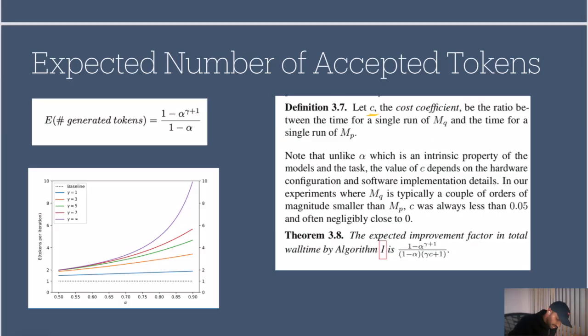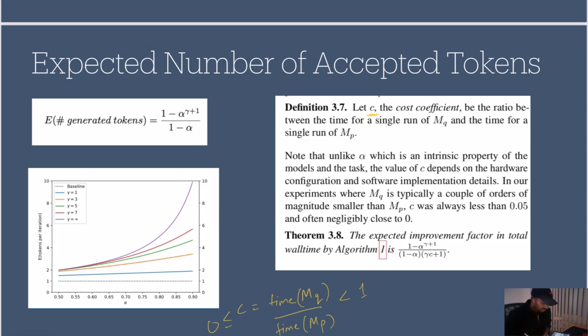So C is basically time MQ by time MP, which is going to be less than 1, right? So C is basically the fraction of the time MQ takes for running, when compared to the time that MP takes.